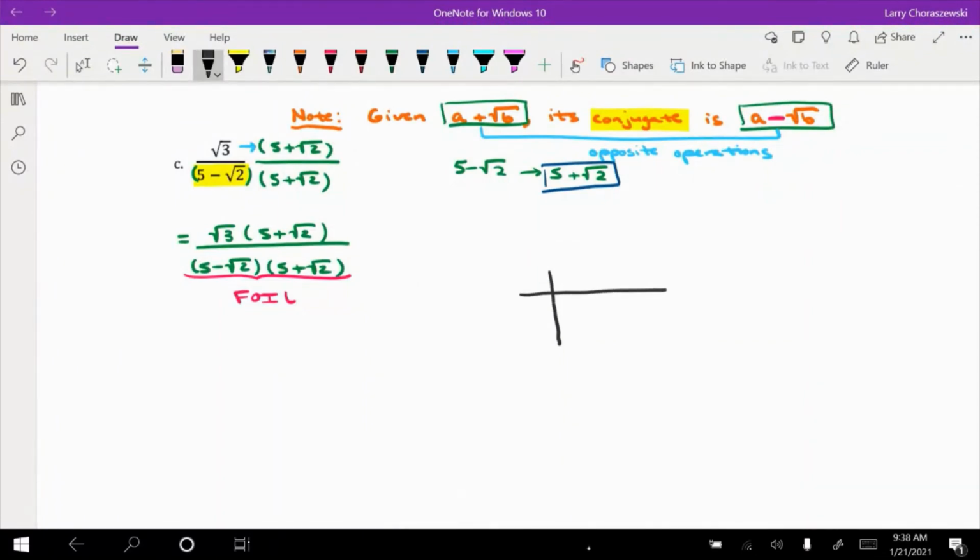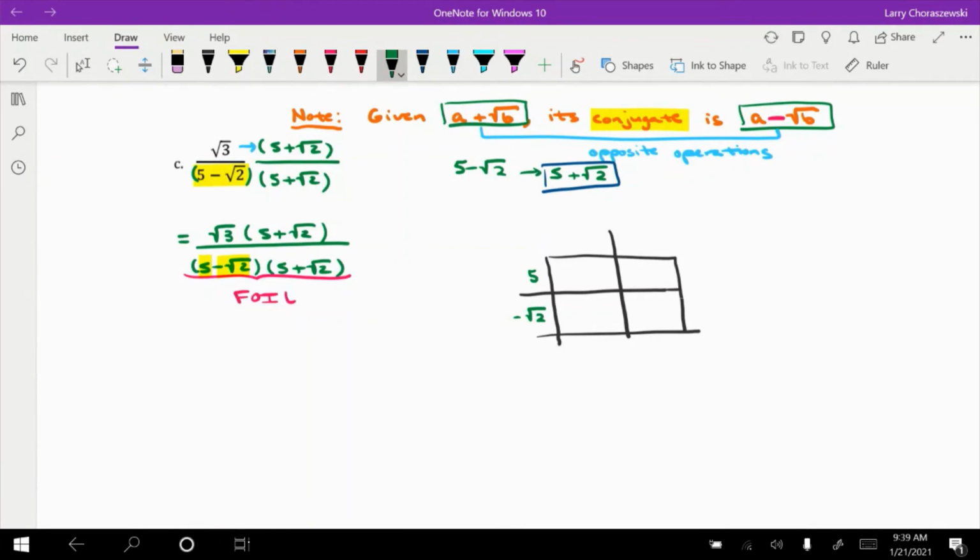It's going to have 2 rows and 2 columns. And I'm going to label each row with these two terms, 5 and minus radical 2. So I'm going to put the 5 to lead off the first row, and I'm going to put the negative radical 2 to lead off the second row.